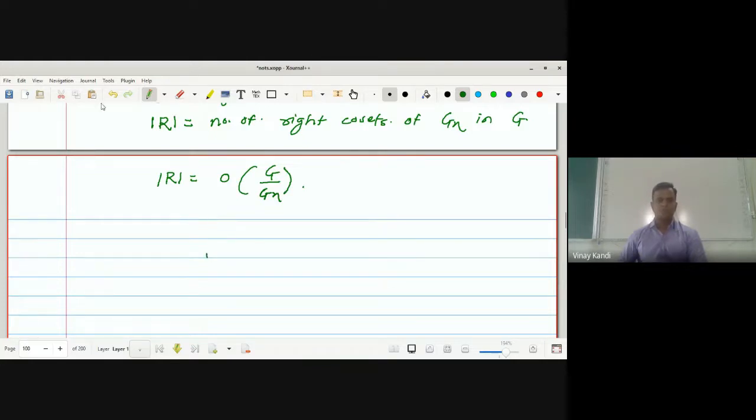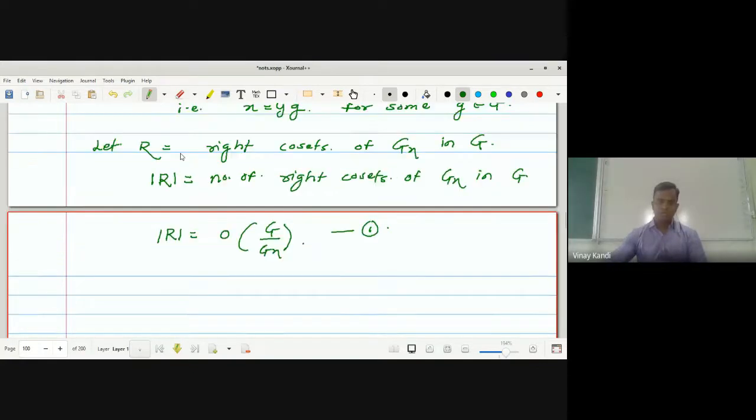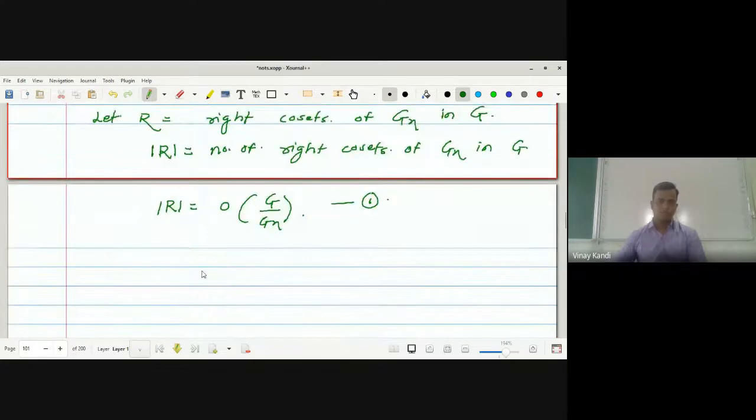Okay, any doubt up to here? No, sir. Now we have to show that the order of xg is equal to the order of this one, that is the number of right cosets of Gx in G.